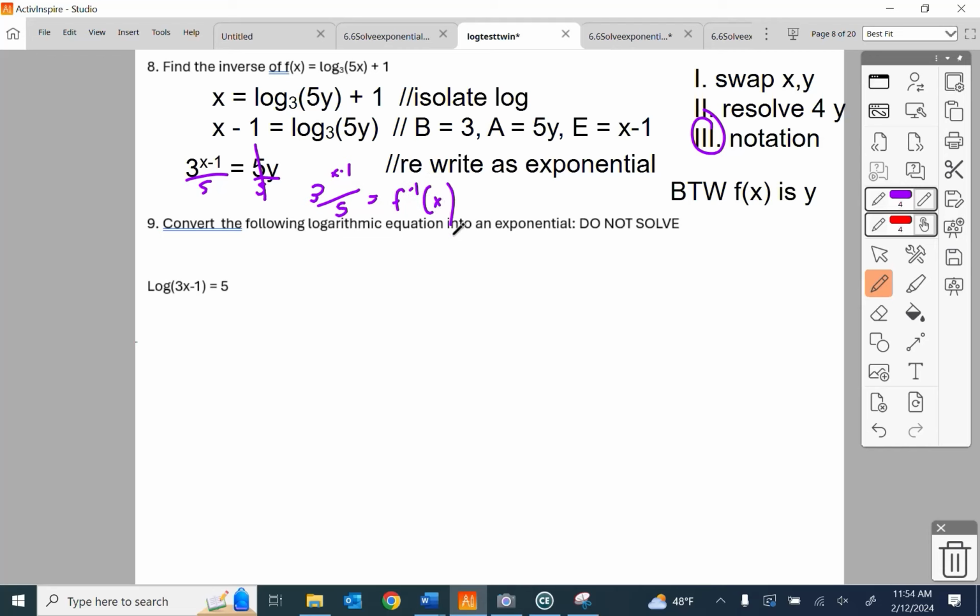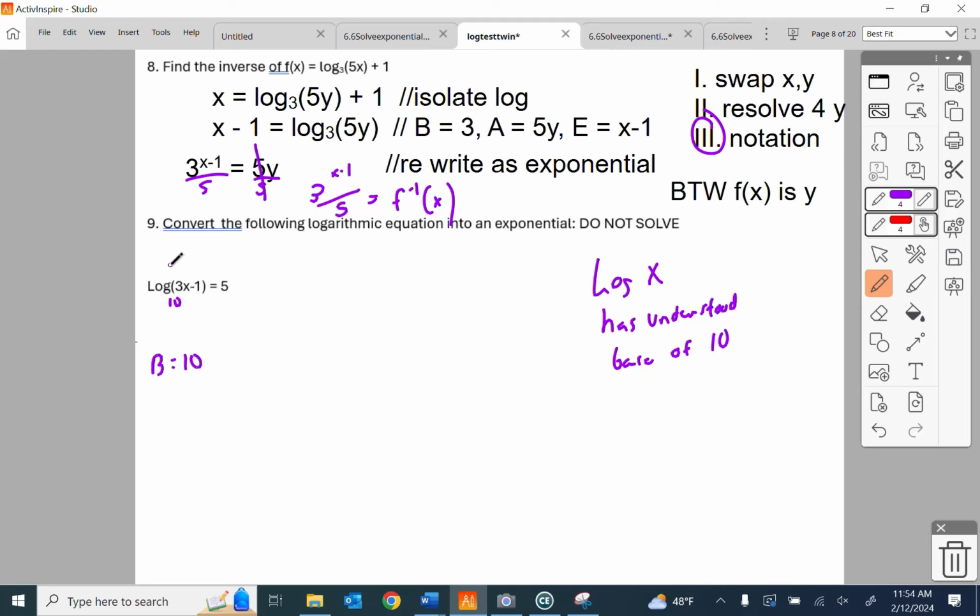Number 9 is converting. It says convert the following logarithmic equation into an exponential and do not solve it. Log of x has an understood base of 10. So I'm going to put a little 10 there. My base is 10.